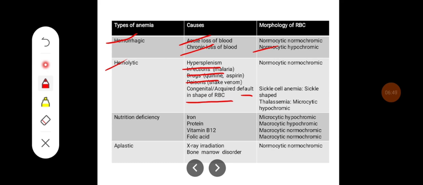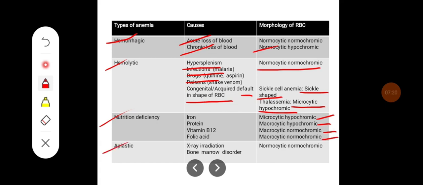Here, the morphology would be normocytic normochromic anemia. In sickle cell anemia the shape becomes sickle shaped, and in thalassemia you'll be able to see microcytic hypochromic anemia. Then nutritional deficiency, where iron leads to microcytic hypochromic anemia, protein deficiency leads to macrocytic hypochromic anemia, vitamin B12 deficiency leads to macrocytic normochromic anemia, and folic acid deficiency leads to macrocytic normochromic anemia.